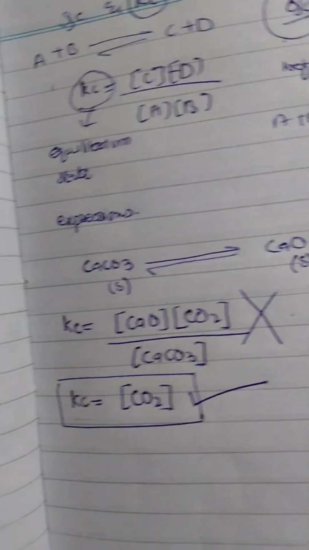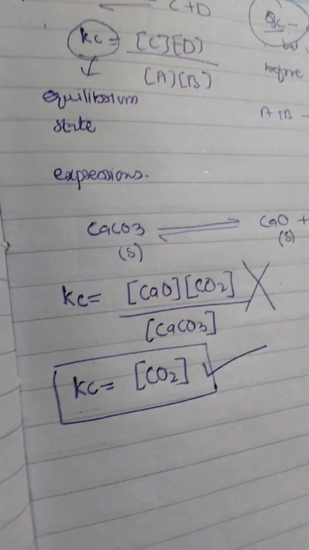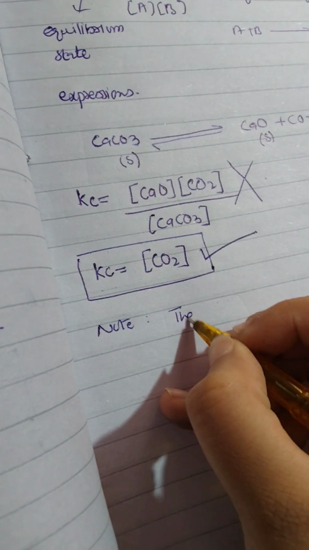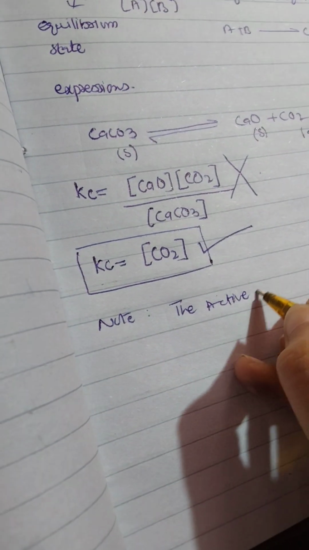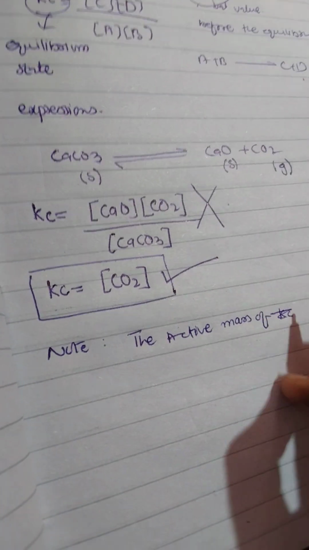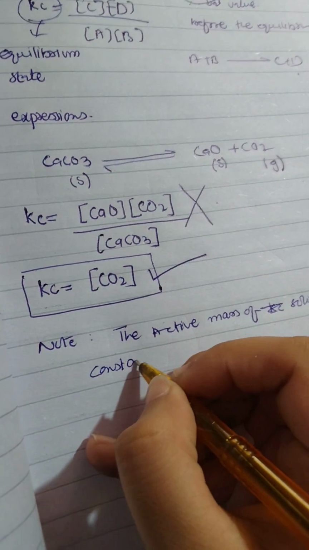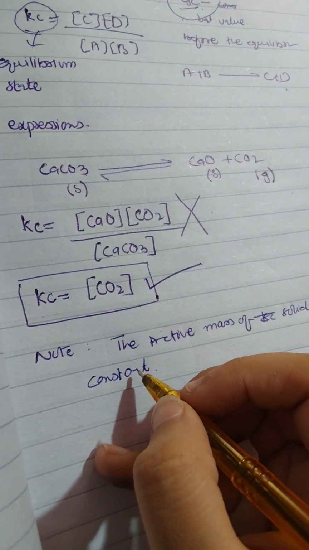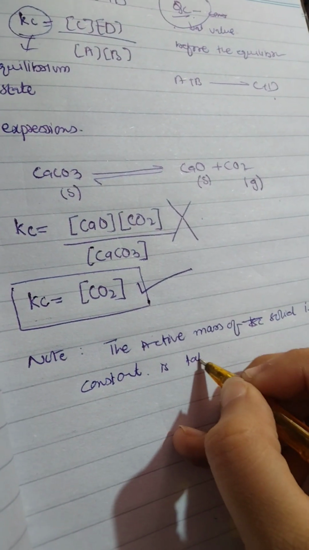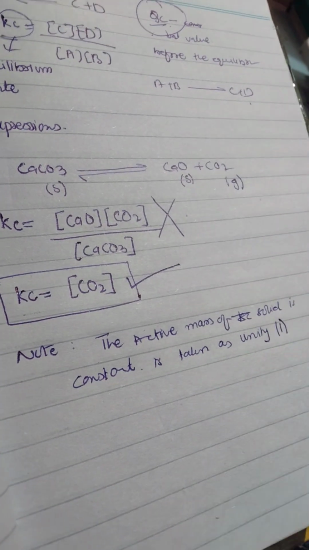When we write Kc, you should take note that the active mass of a solid is constant and is taken as unity, which is 1.